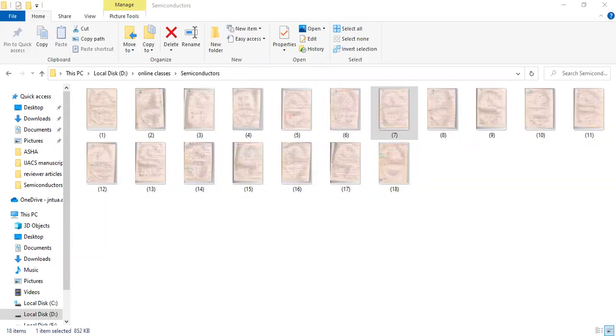Then J drift is equal to Jn drift plus Jp drift, that is n e mu n E plus p e mu p E, the total current density because of drift. Then eE is a common term here, so you take out eE into n mu n plus p mu p.